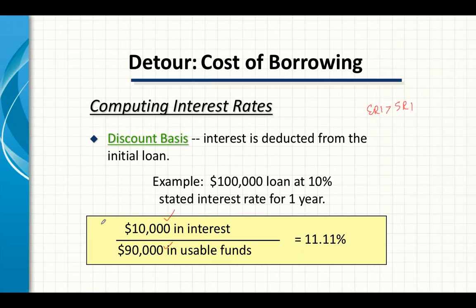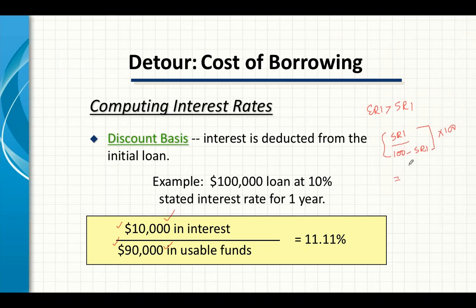So do not do all these calculations and waste your time in the exam, please. For a discounted loan, you can write a formula: stated rate of interest divided by 100 minus stated rate of interest. That's it. No need to calculate the amounts. Just use this formula.